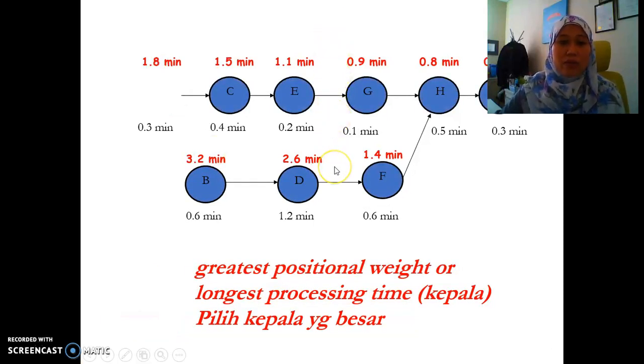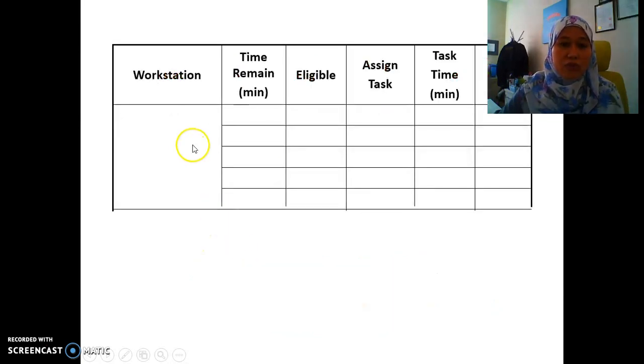Now that you have decided to start at B, first of all you need this table to assign all the tasks. So we have the first workstation, and time remaining means we start with the cycle time every time we have a new workstation.